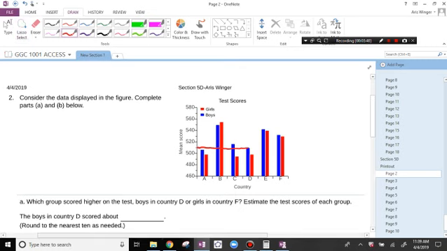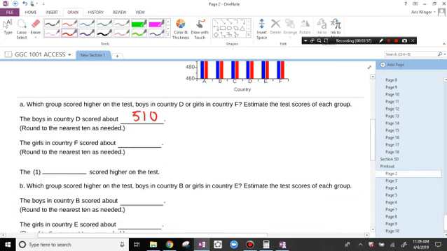Okay, so 510. Girls in country F look like they scored about halfway between, so 530. So they score more. Right? So the girls in country F scored higher on the test. So girls in F.